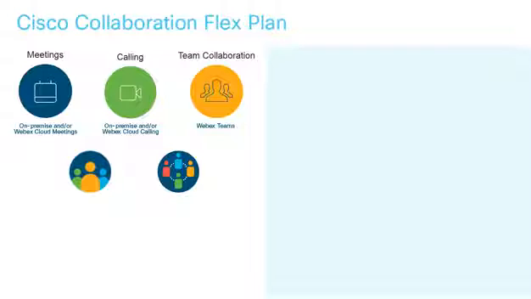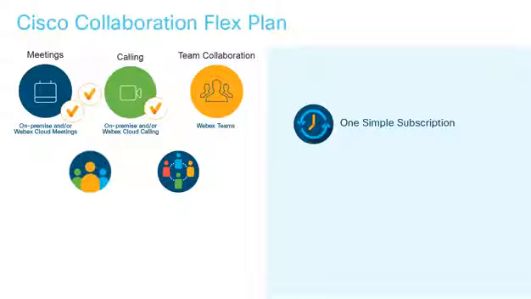The Cisco Collaboration Flex Plan is a radically simplified way to buy the Cisco collaboration portfolio. The Collaboration Flex Plan entitles customers to purchase Cisco's industry-leading collaboration tools with one simple subscription-based offer that will streamline the transition to the cloud. Choose to equip employees with meetings, calling, or both, and add more subscribers at any time.